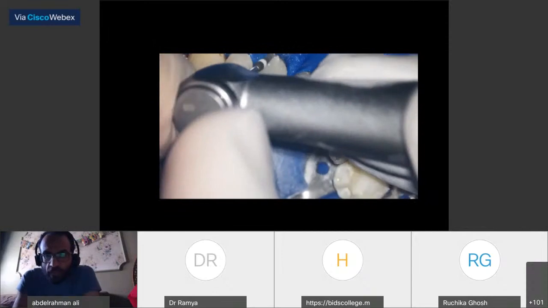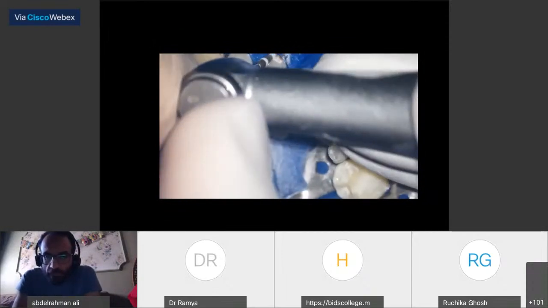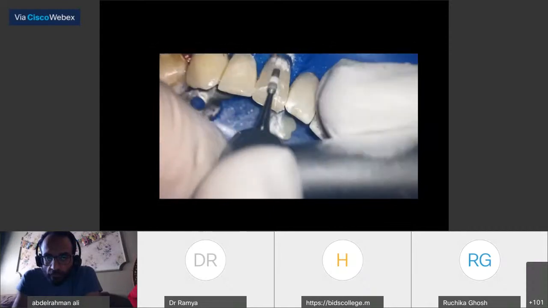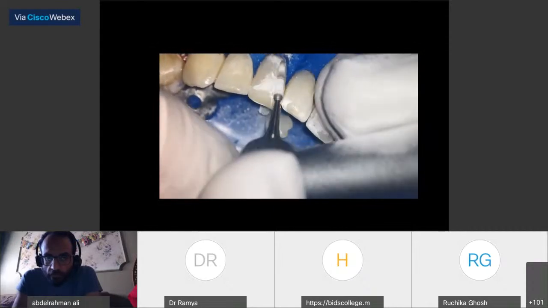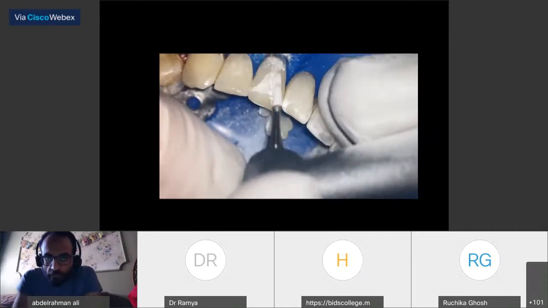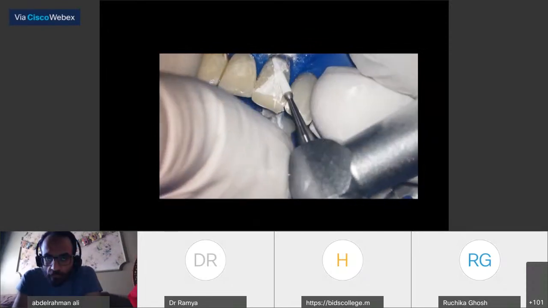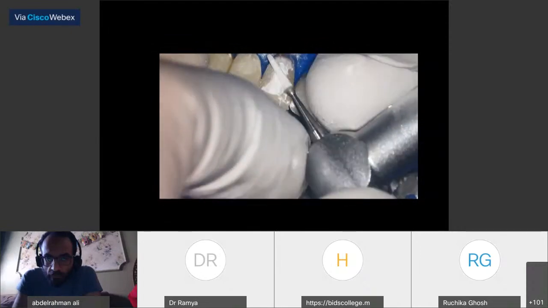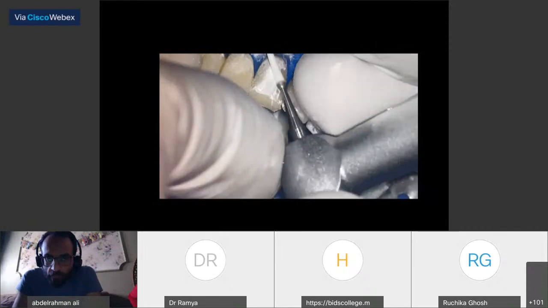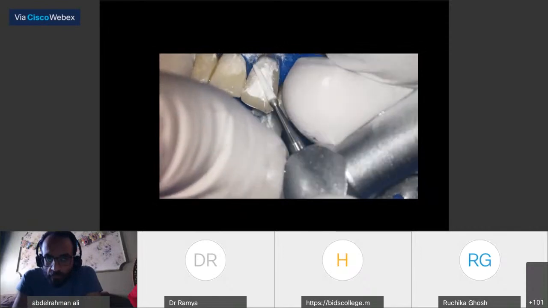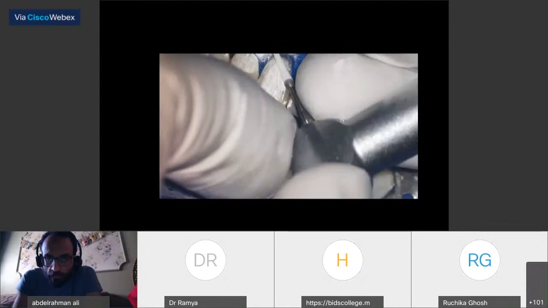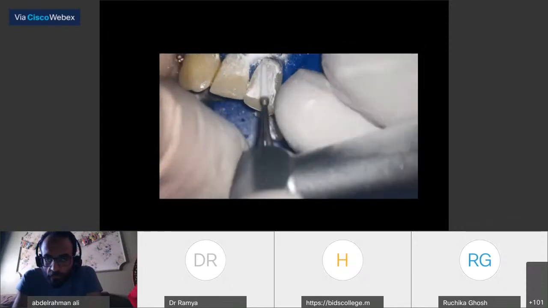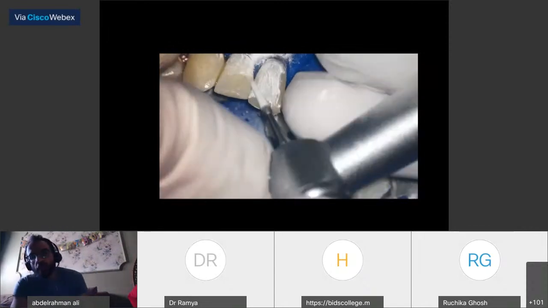Now we do the finishing labially. Here's a bur from Komet.